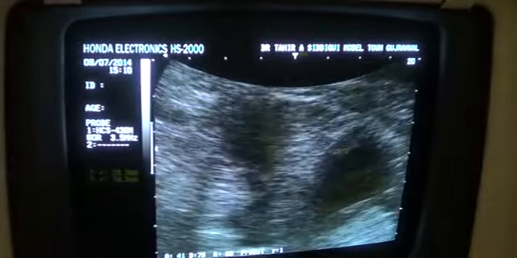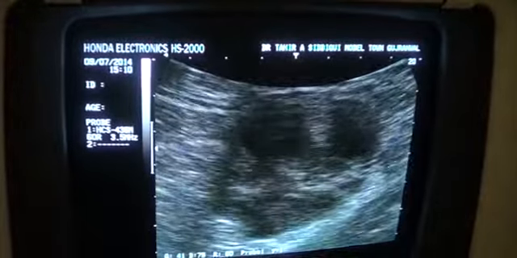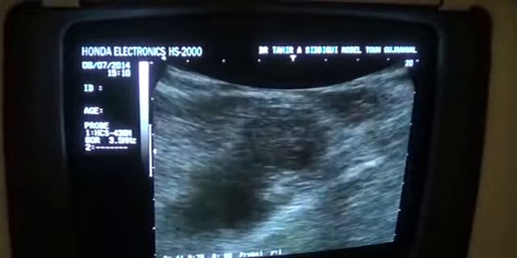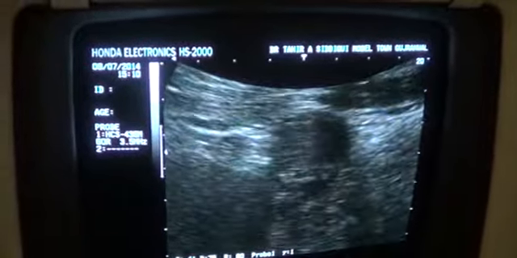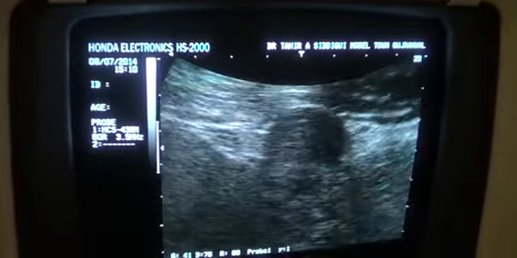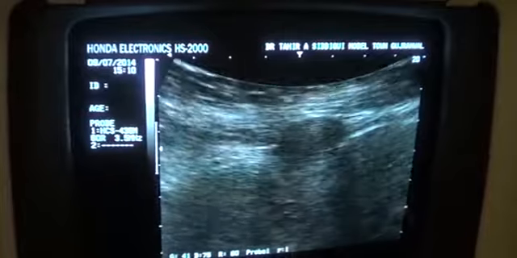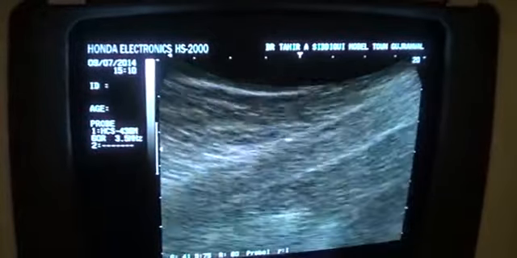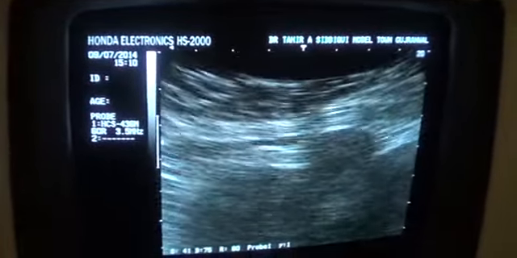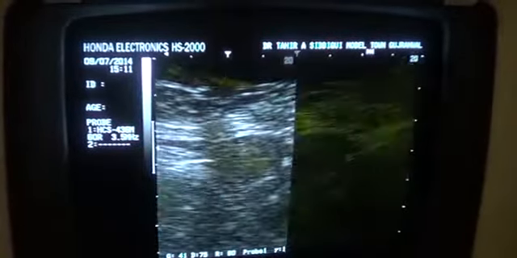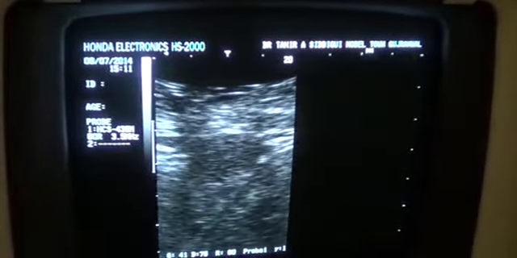Okay, now this is a magnified view in front of you. There are a few small echogenic areas along the peritoneal line. This is the one in front of you.